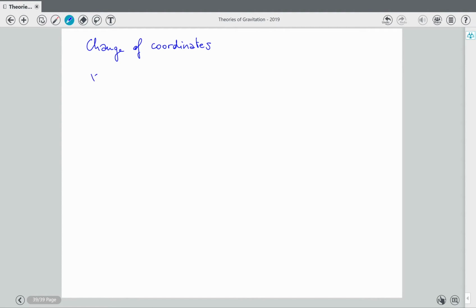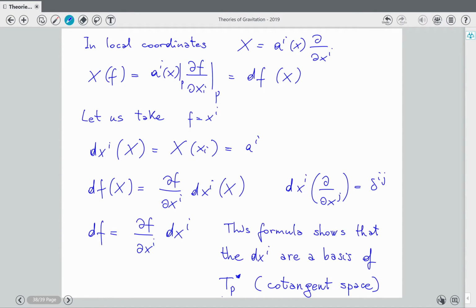So let's consider any change of coordinates from x to y, and we have some relations like this. The differential dxi on the derivation partial over partial xj is equal to delta ij, of course. By definition, we have seen this the other time.